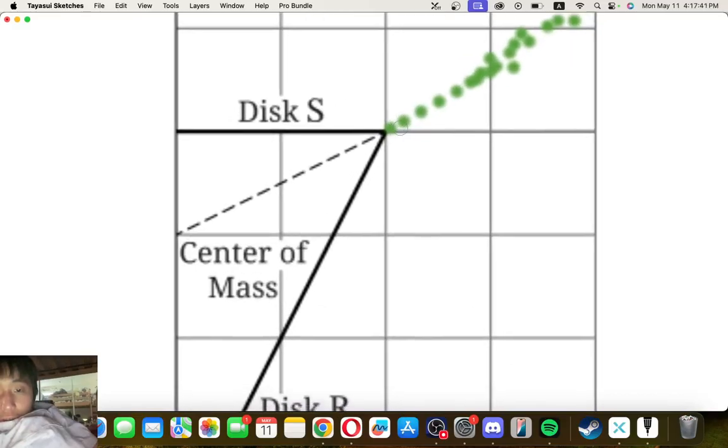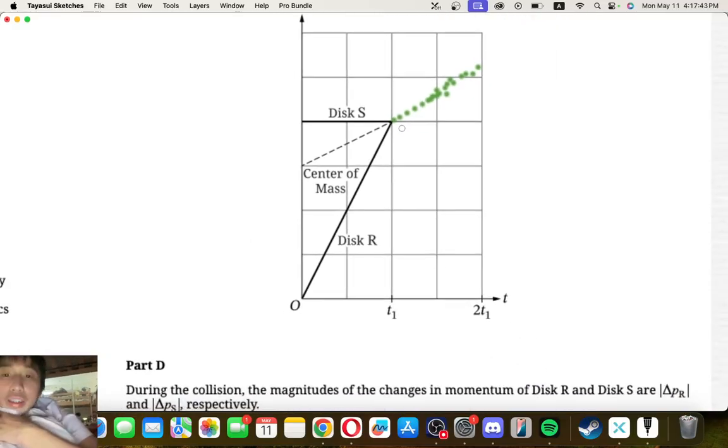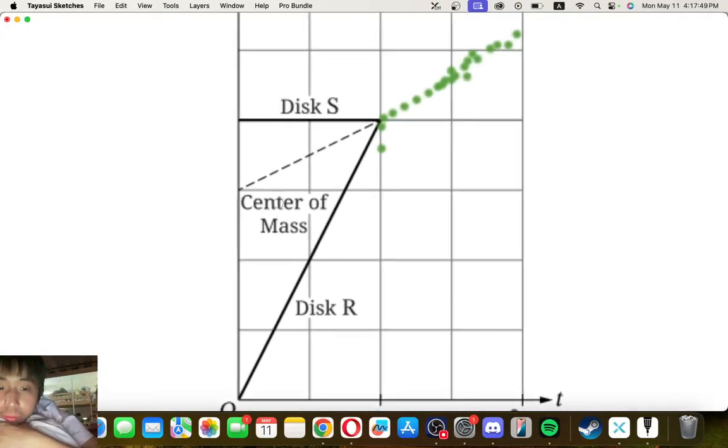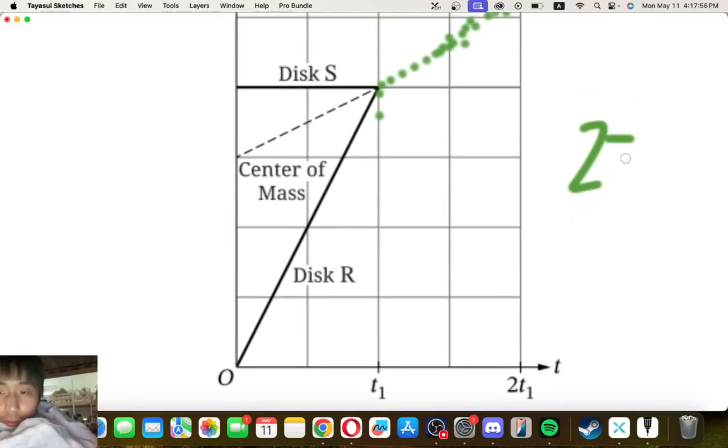Alright, you know what we could figure out? Since it has to be conserved, what's the slope of this line? Slope of this line is, so 2t, or actually no, I'm dumb as hell. What the hell am I doing?